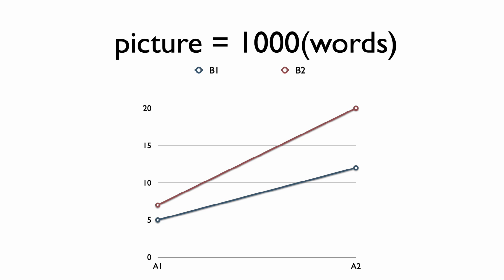And then I have these two lines for B1 and B2. First of all, you can tell me that B1 is lower than B2. So B2 is bigger than B1, right? We can just see that. But B2 is bigger than B1 by a little bit at A1 and a lot at A2.